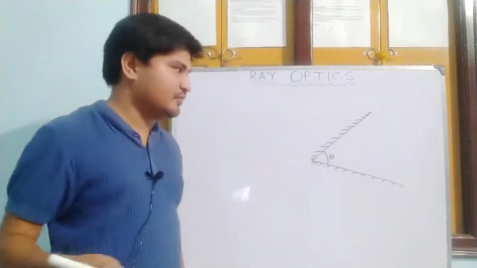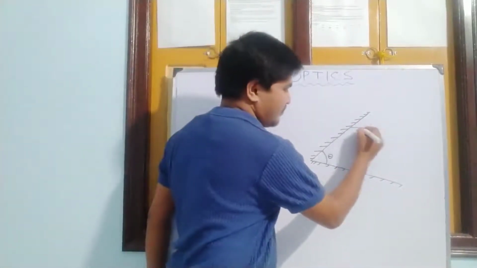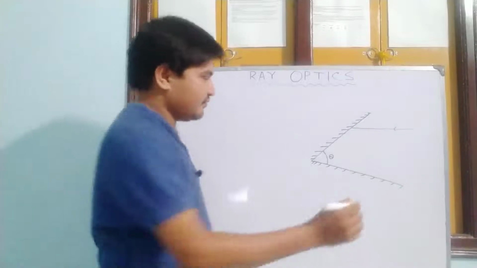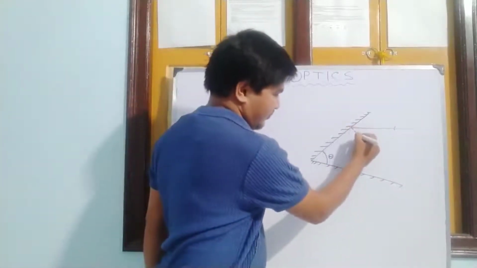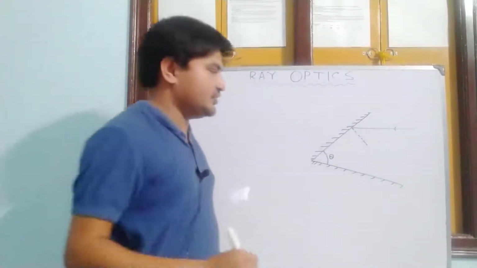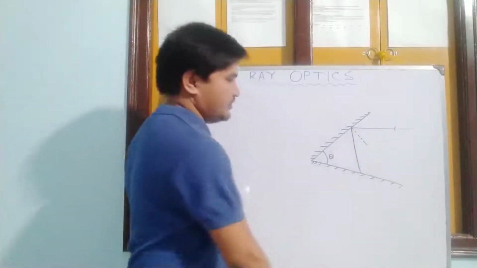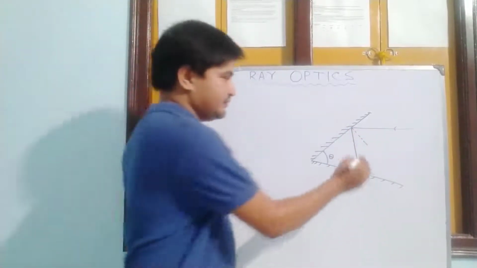This angle is theta. A ray falls from this direction. This is the normal. So the ray will move in this direction.